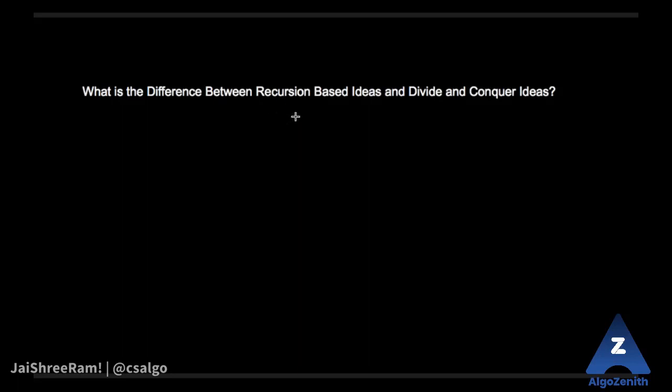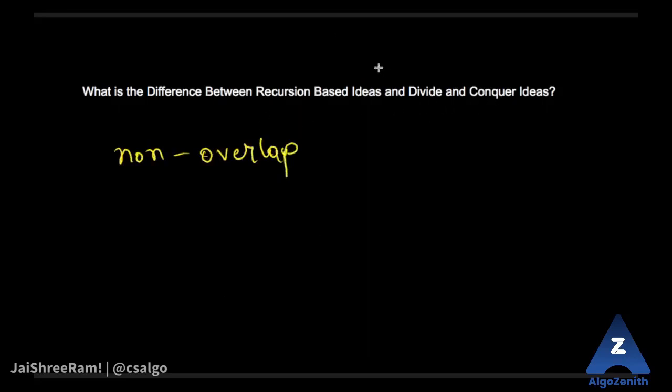So how do we differ from those? The main point where we differ is that the divide and conquer idea works on non-overlapping subproblems. So let me explain what that means. What is this non-overlap term?